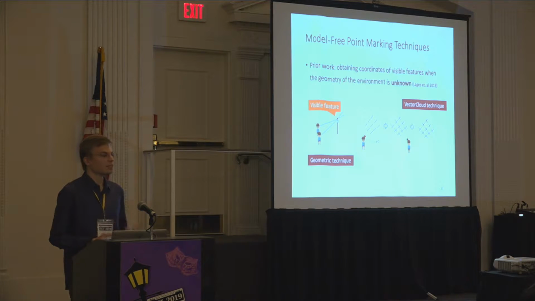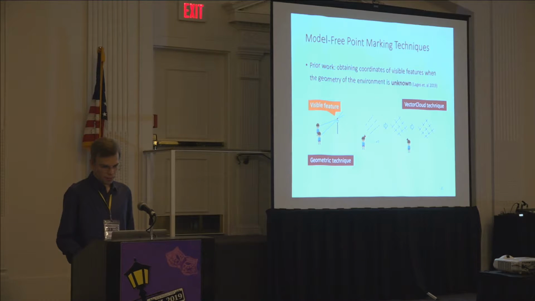The difference is that geometric uses only one ray from each of those perspectives, and vector cloud uses multiple samples. So you end up having this cloud of intersecting rays, and then you can get the centroid and get a higher precision. This work has shown that for marking individual points, vector cloud was more precise, especially at larger distances.